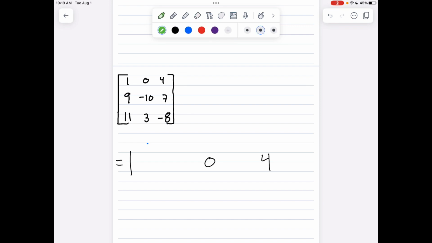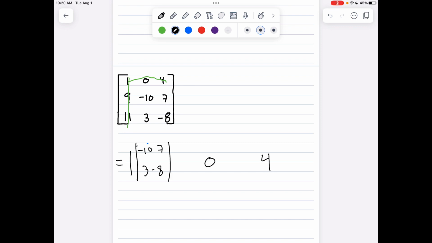So again, pick your row or column, write your numbers down. Now we're going to go back to that first row, and starting with 1, I'm going to block the row and column 1 is in, and write the remaining numbers to make it into a 2 by 2 determinant. That would be minus 10, 7, 3, and minus 8.